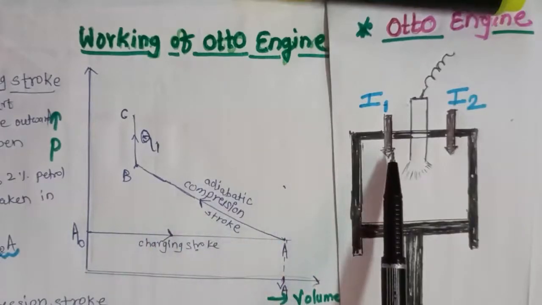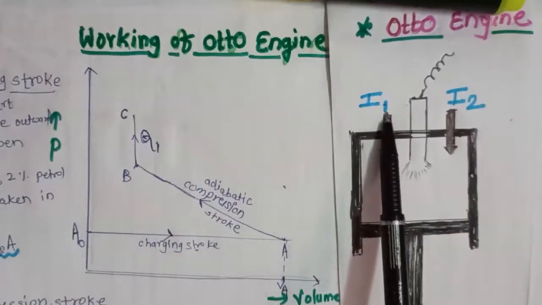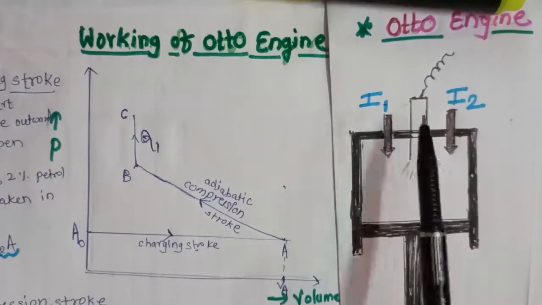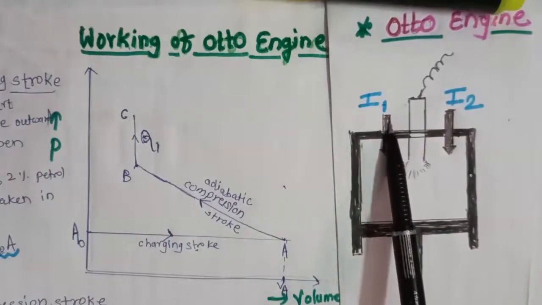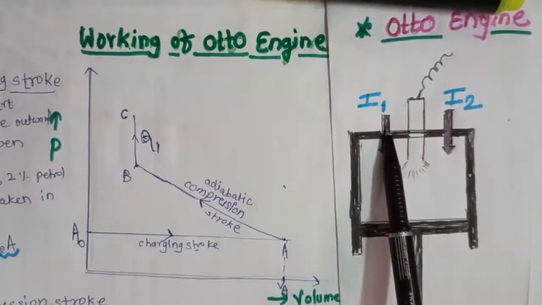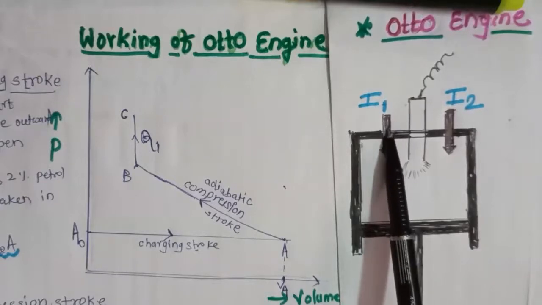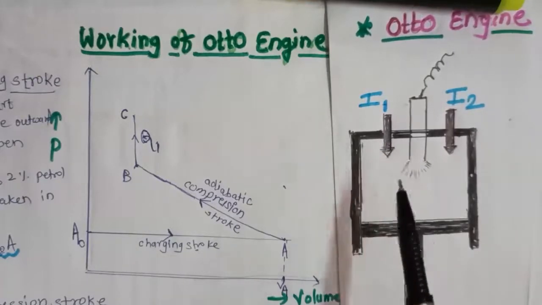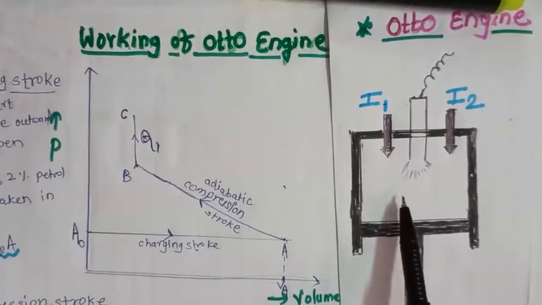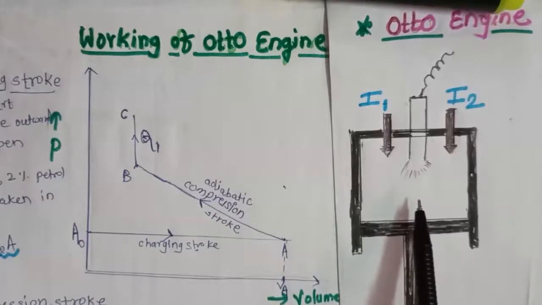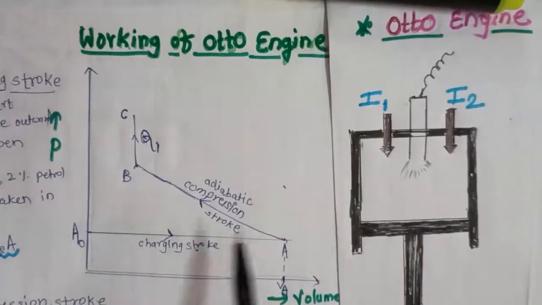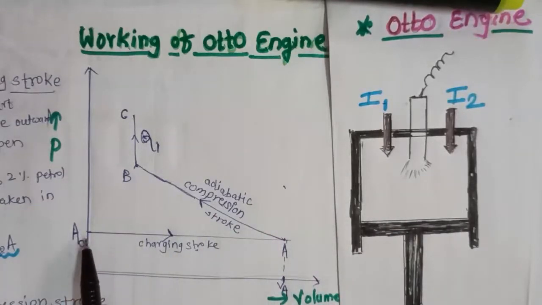When inlet I1 opens, the piston moves outward. Through this I1, 98% pure and dry air and 2% petrol vapor are taken inside the cylinder, and due to this mixture the cylinder gets charged, and this change is represented by line A0A.